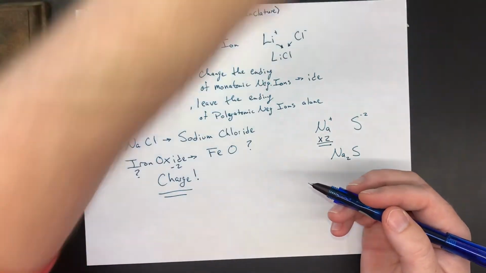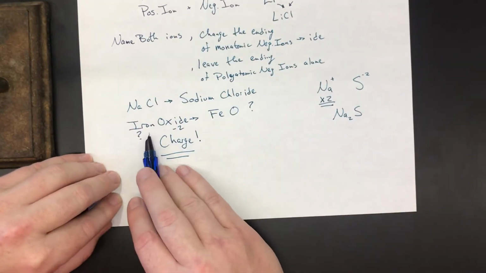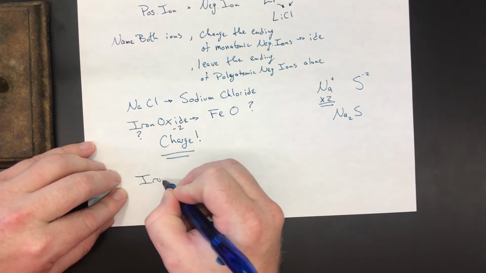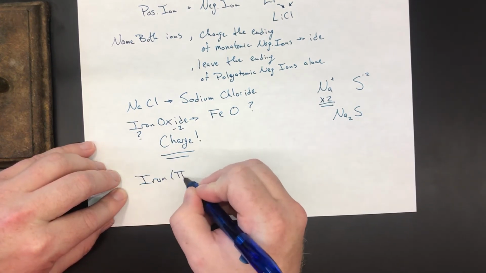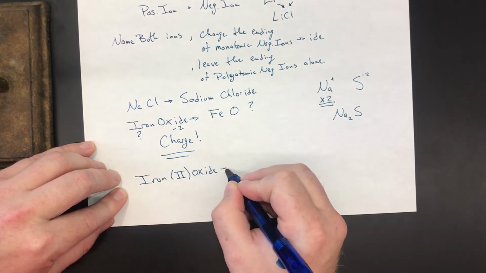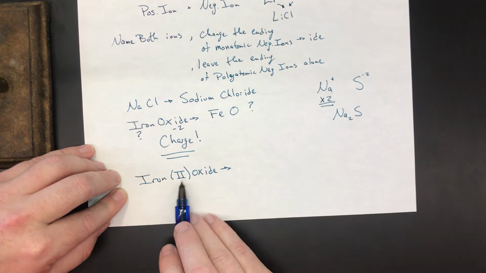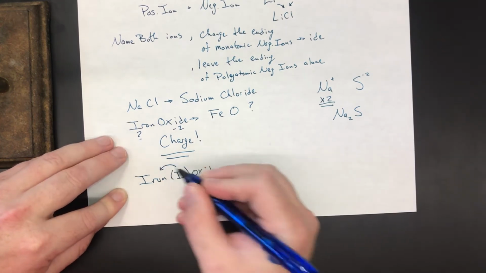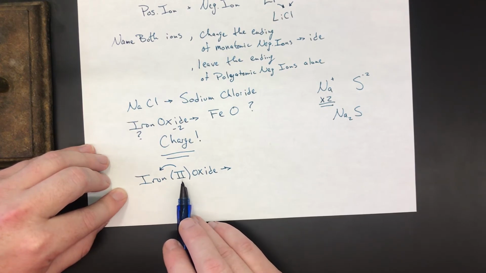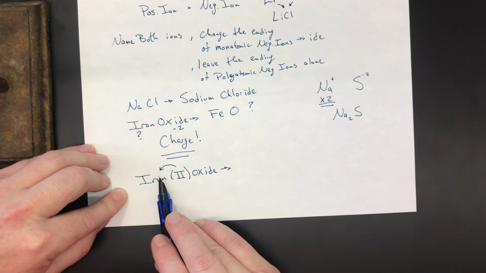So if instead of writing iron oxide, we wrote iron 2 oxide, well, this 2 tells us the charge of the metal. So anytime we have a transition metal, we have to have a Roman numeral. That Roman numeral tells us the charge of the metal.